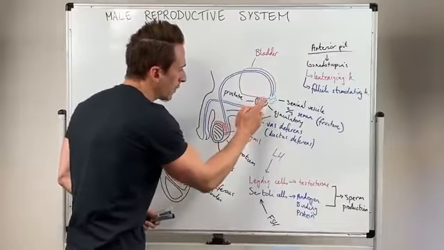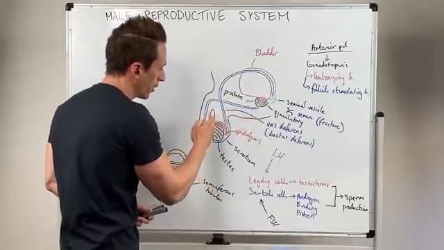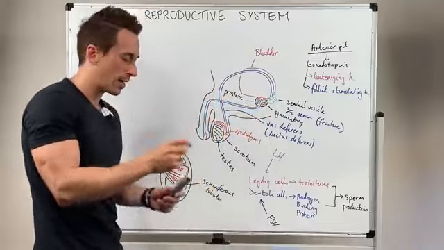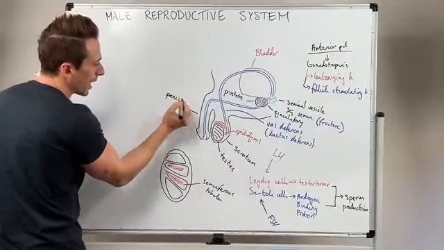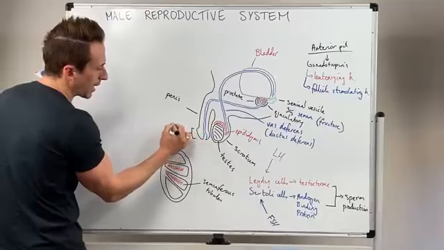Then from the prostate, we have the urethra, and the urethra travels through the penis. Now the penis is made up of spongiform tissue. At the very end of the penis, we've got what's called the glans penis.